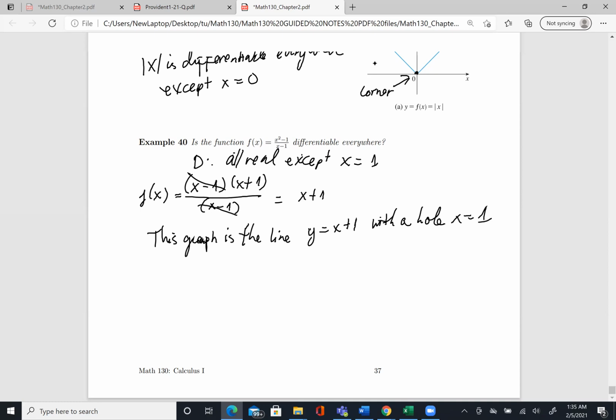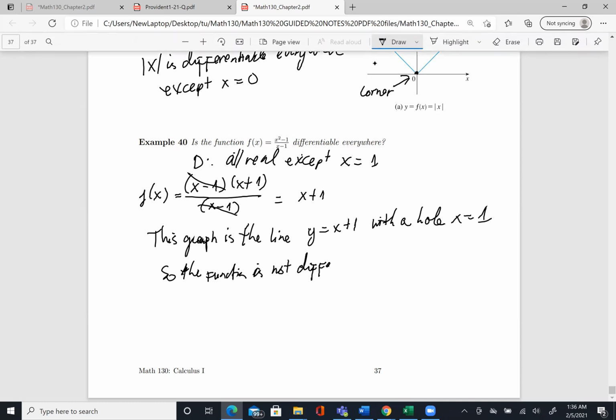So I can say the function is not differentiable at x equal to 1.